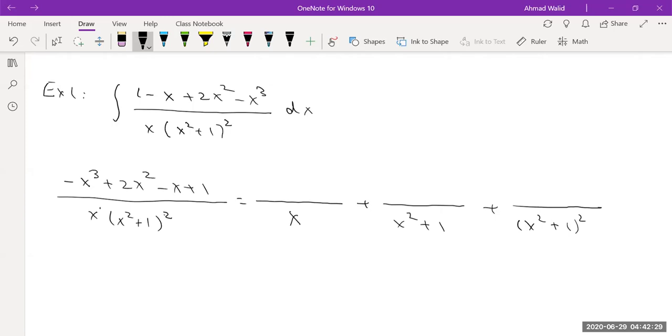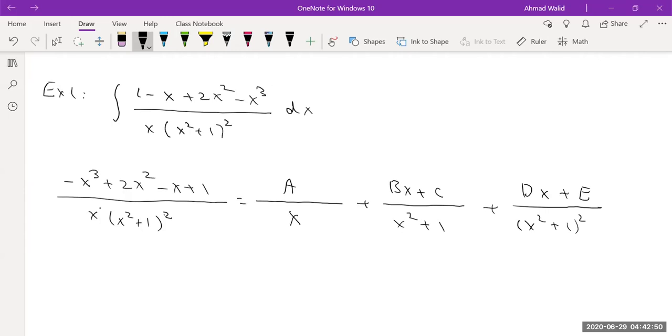These are your denominators. Now, the top: this one becomes A, this one becomes Bx plus C, this one becomes Dx plus E. I used all the alphabet here, right?